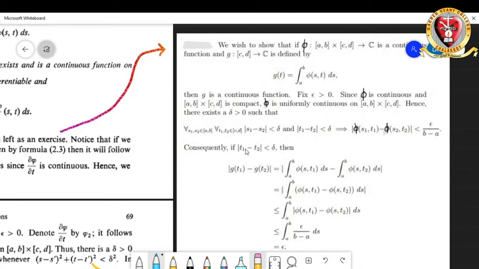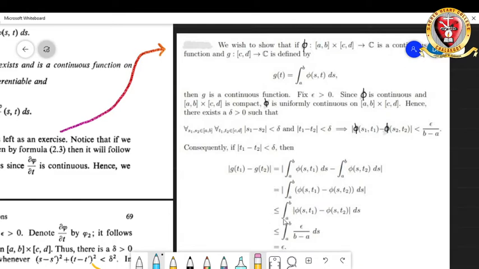Consequently, if modulus of t1 minus t2 is strictly less than delta, then consider modulus of g of t1 minus g of t2. From the definition of g, that is the modulus of the integral from a to b of phi of (s,t1) ds minus the integral from a to b of phi of (s,t2) ds. Taking the integral together, it is the modulus of the integral from a to b of phi of (s,t1) minus phi of (s,t2) ds, and by the property of integral and modulus we can use the inequality here.